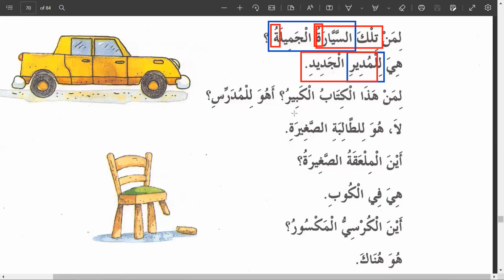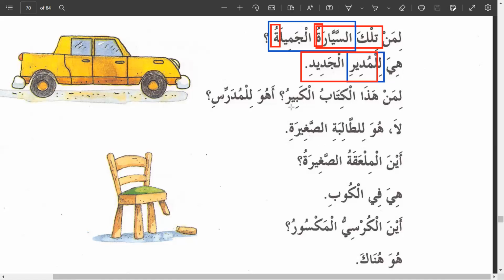Liman hazal kitabul kabiru. For whom is this big book? Excellent.